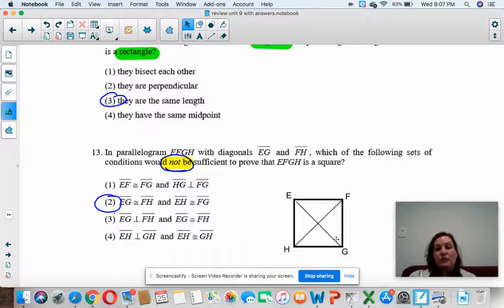That's true for squares, but it's also true for rectangles. So let's see if there's something else that would specifically make it a square. And EH is congruent to FG. Again, opposite sides being congruent would also be true for rectangles. It's not necessarily going to make it a square. It would not guarantee it's a square.